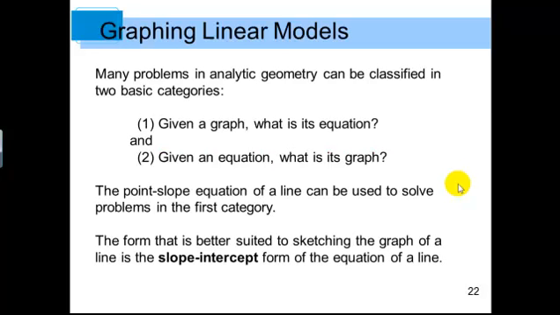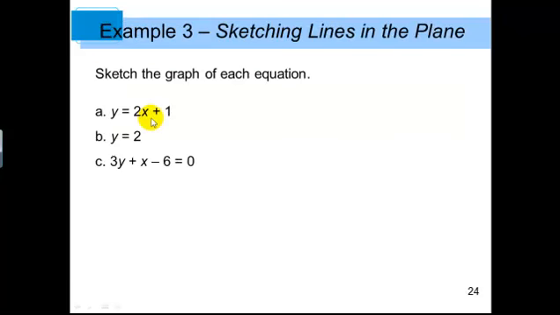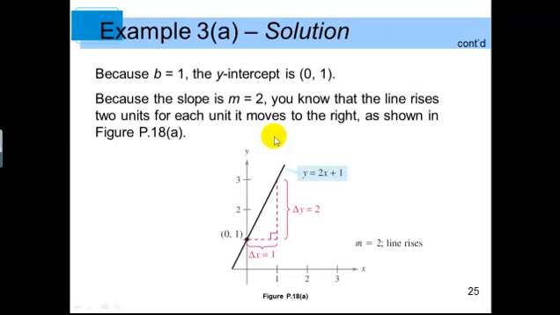Now, how do you graph that? Well, you graph it using slope and intercept. This b is my y-intercept, and m is my slope. This one will hit the y-axis at 1 and have a slope of 2. This one has no slope, 0x plus 2, with a y-intercept of 2. So here's the first one. Start at 1.